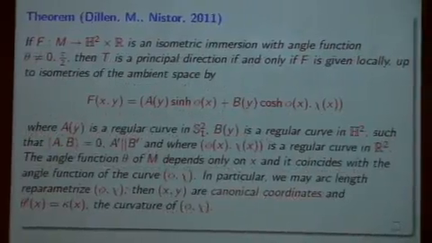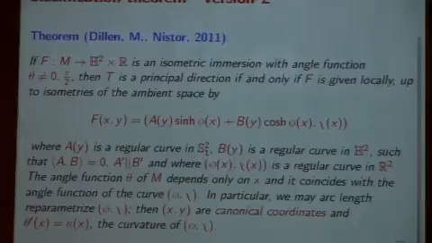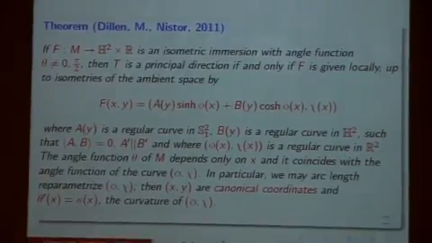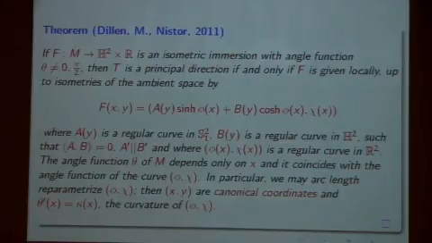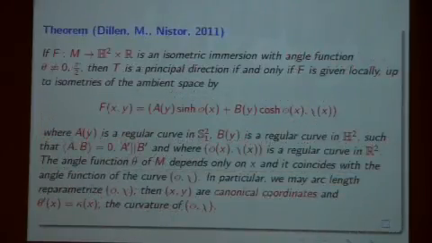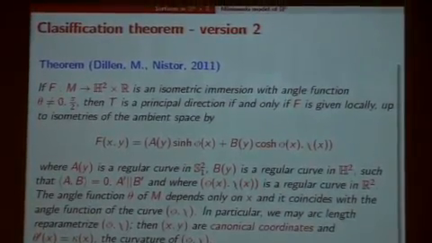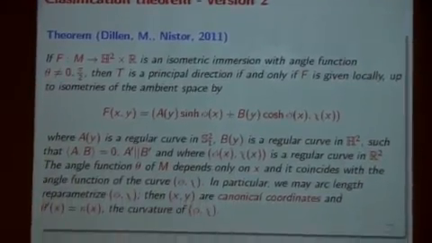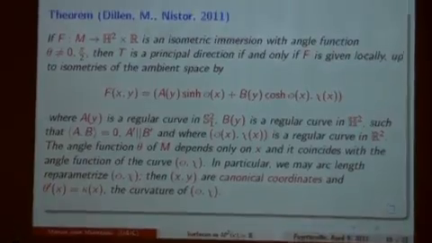So as I promised, the second version of this theorem, which is more geometric. We denote by phi of x the last component, and this A, which is A1, A2, A3 from here, and the same for B, is a regular curve in de Sitter space. B is a regular curve in the hyperbolic plane, such that they are orthogonal and their tangents are parallel.